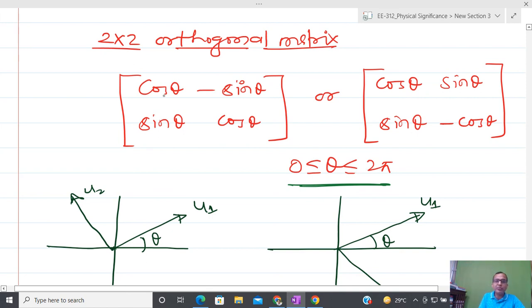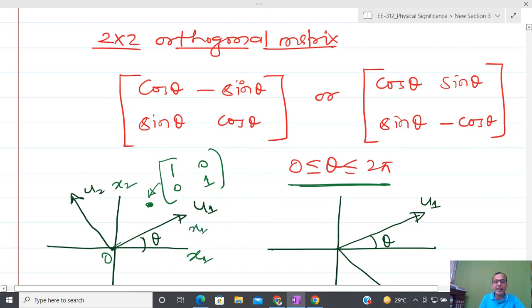So try to see the interpretation of this. Suppose I have some kind of point here, and I have represented that point using the 1 0 0 1 matrix. Now suppose this is the coordinate system, x1 and x2.